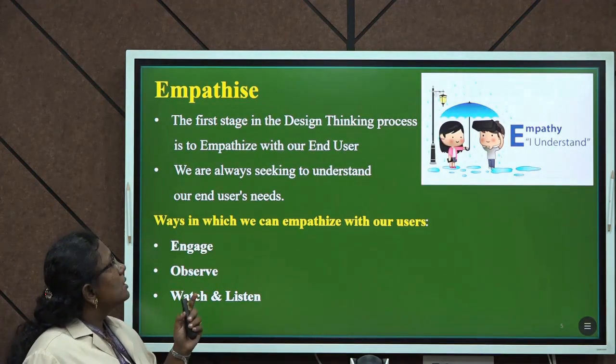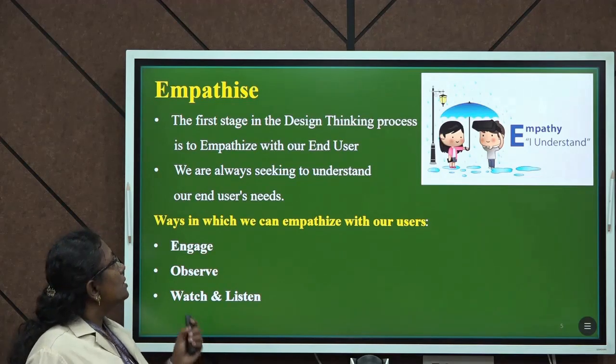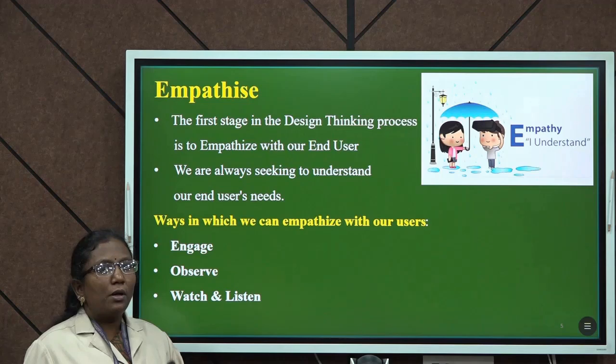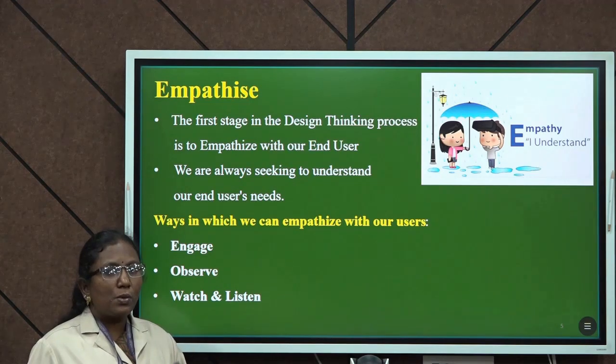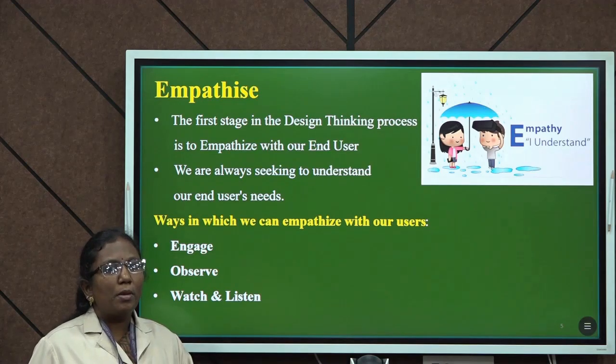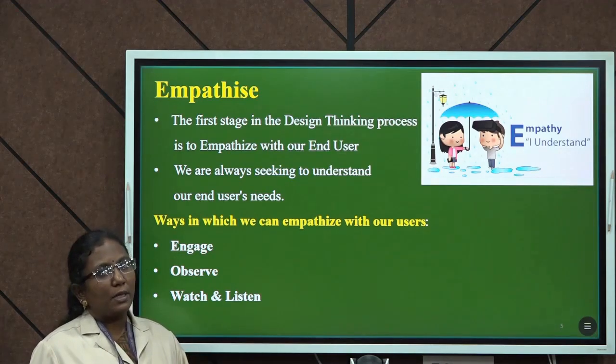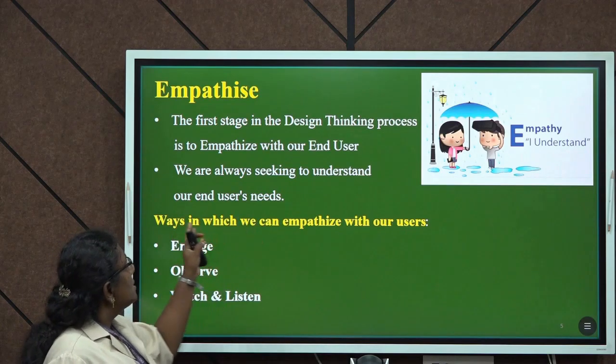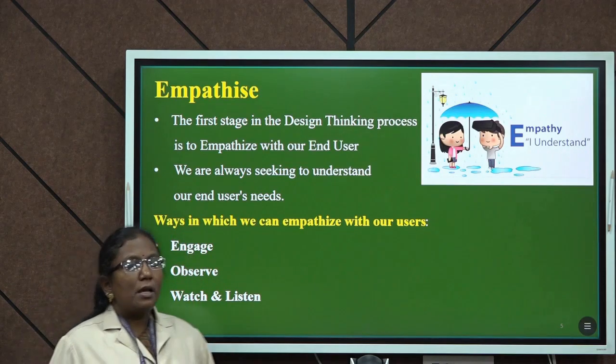This is the first stage in the design thinking process, which is to empathize with the end user. When we are finding a solution for a particular problem, we should think over the problem from the end user's perspective. At the same time we are always seeking to understand our end user's needs.